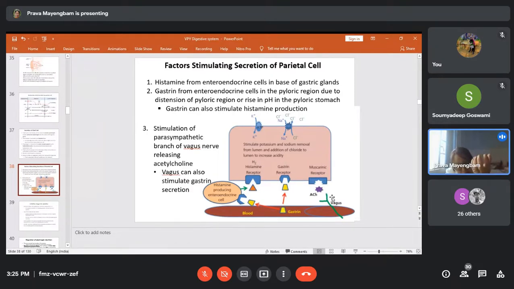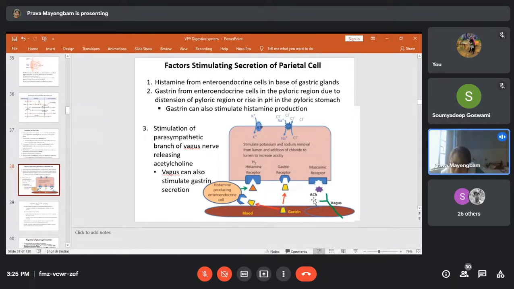The post-ganglionic nerve terminal of the parasympathetic nervous system secretes acetylcholine. You remember that acetylcholine is the neurotransmitter secreted by the post-ganglionic nerve terminal of the parasympathetic nervous system.